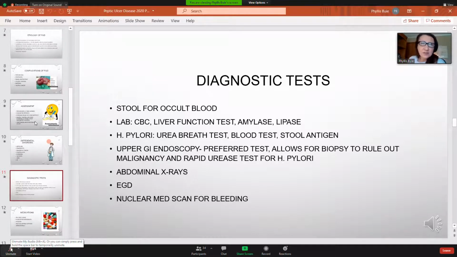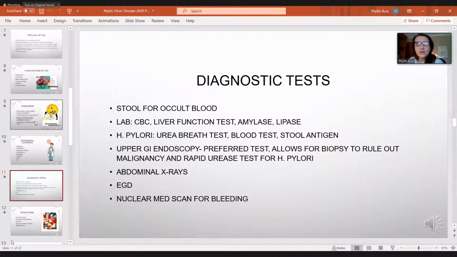Gastric analysis is also something that can be done during an endoscopy, and there's a syndrome called Zollinger-Ellison syndrome, where for some reason there's too much production of acid, and we don't really know what causes that.